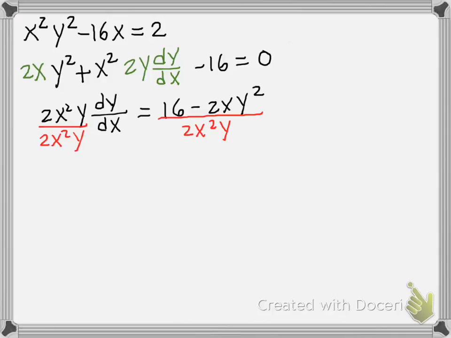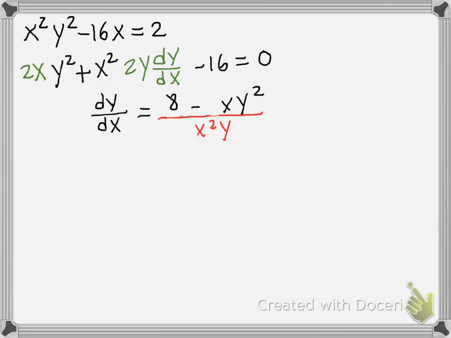So on the left hand side we get dy over dx, and on the right hand side we will simplify because 16, 2 and 2 have a common factor of 2. So we divide each number by 2. 16 divided by 2 we get 8.